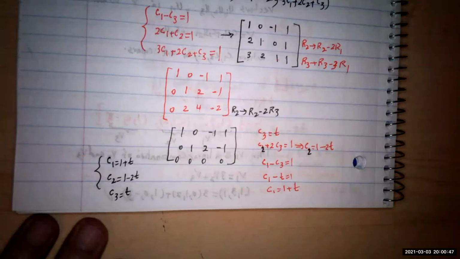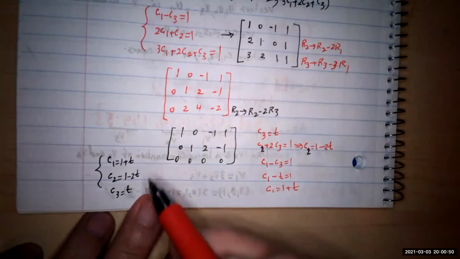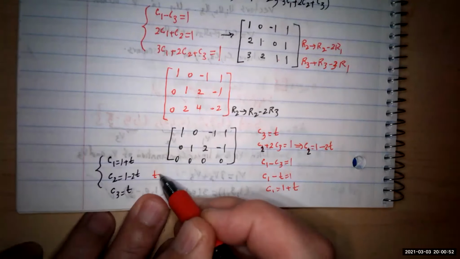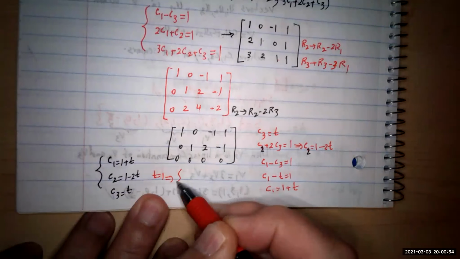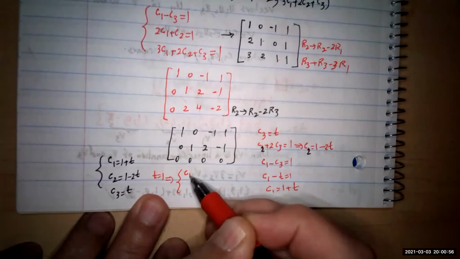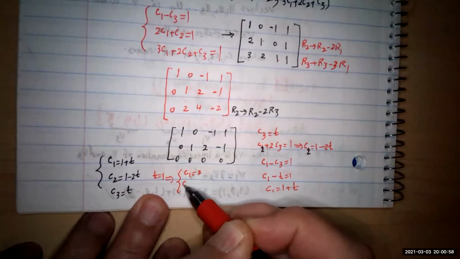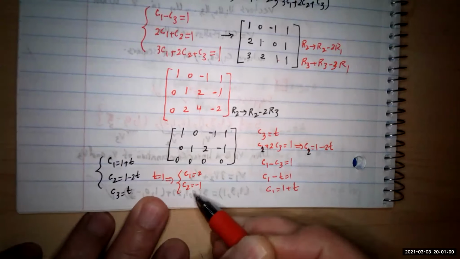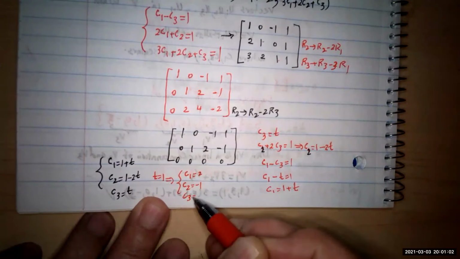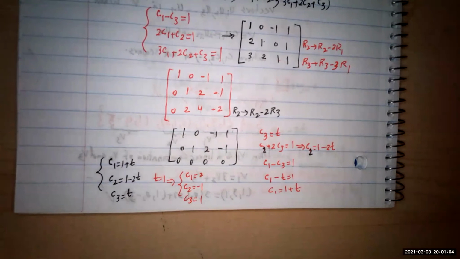But remember, you need only one number. You pick T equal to 1, for example. So that gives you C1 equal to 2, C2 equal to -1, and C3 equal to 1. So you are able to find some numbers.